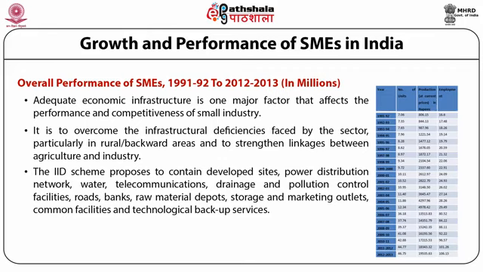This IID scheme proposed to contain developed sites, power distribution network, water, communication, that is telecommunication, drainage and pollution control facilities, roads, banks, raw materials, storage and marketing outlets, common facilities and technological backup services.